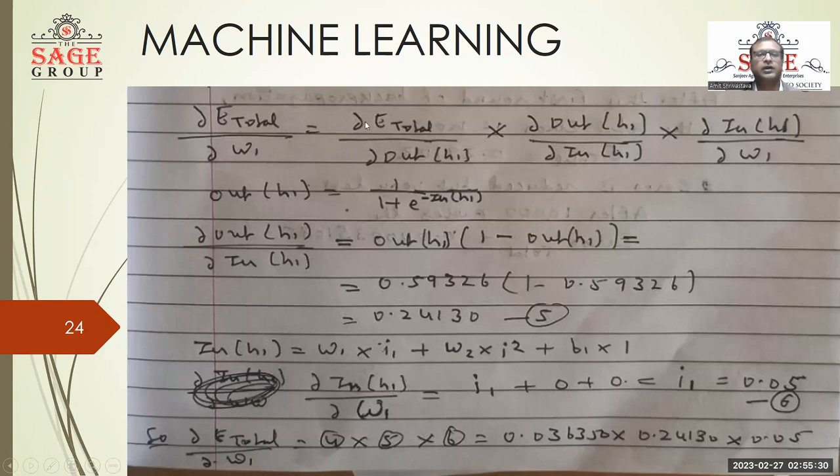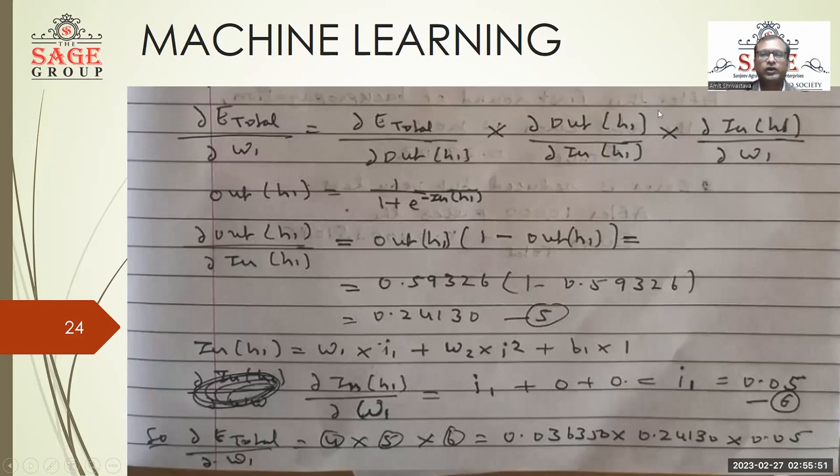So del E total upon del out H1 into, this is my total terms, del out H1 upon del in H1 plus del in H1 upon del W1, right? Now out H1 is 1 upon 1 plus e to the power minus in H1.